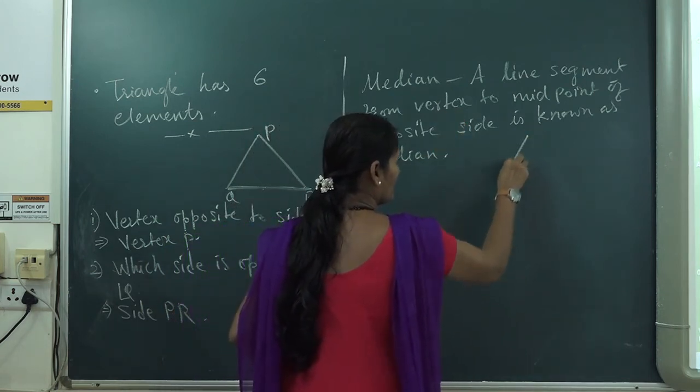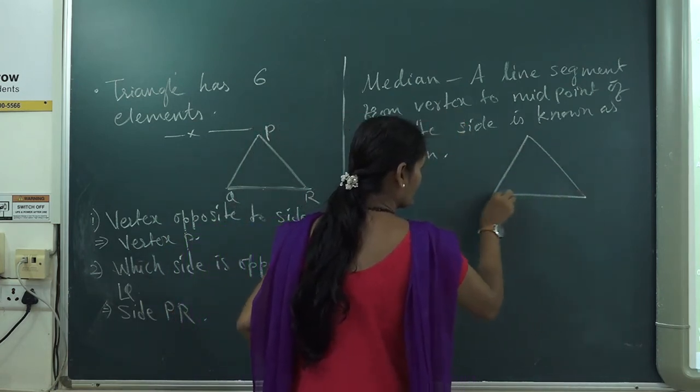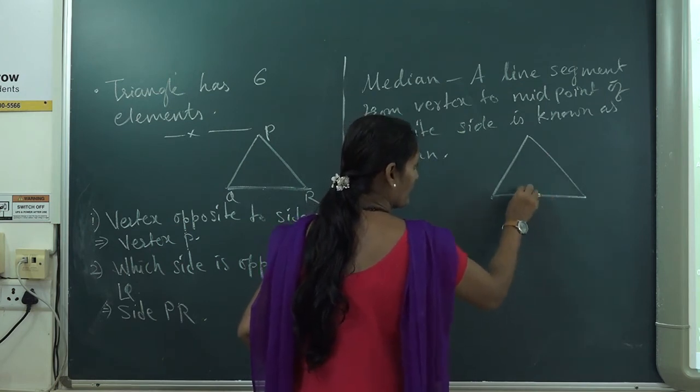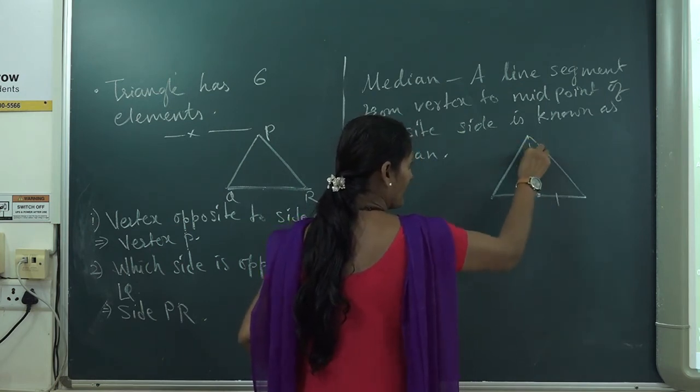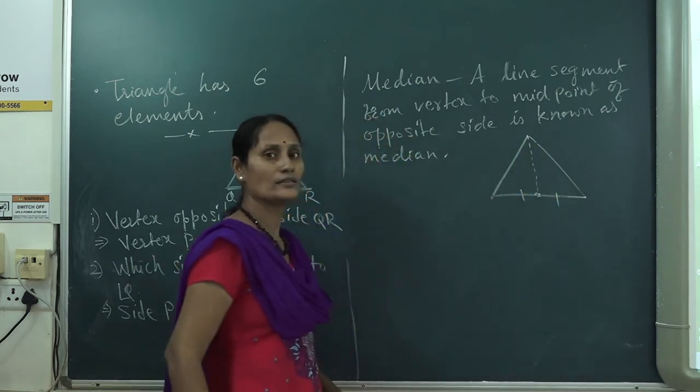Now if I take one triangle, this is my midpoint and these two parts are equal, and if I draw this, it is known as a median.